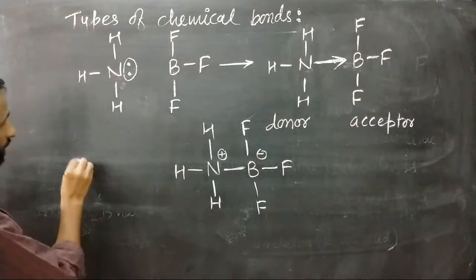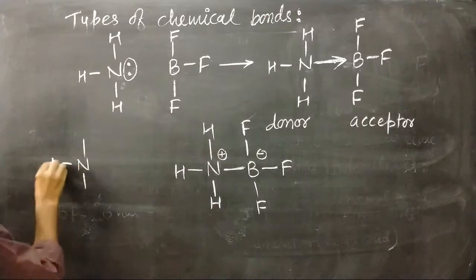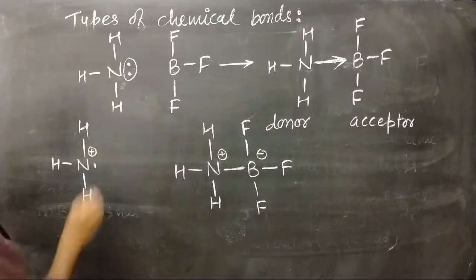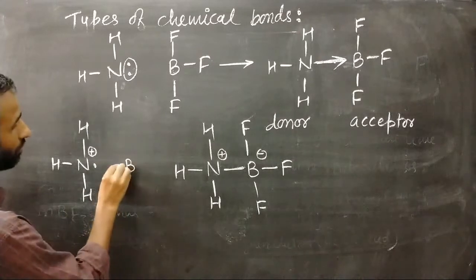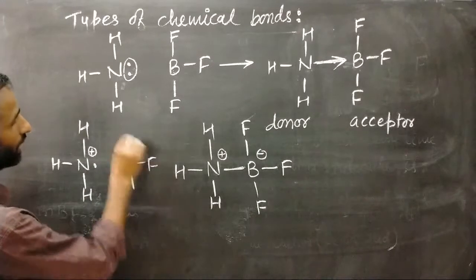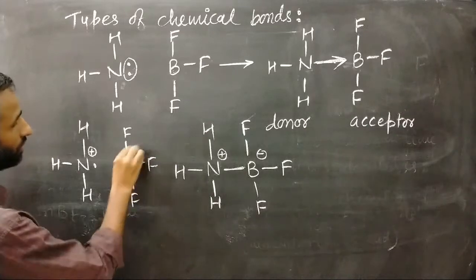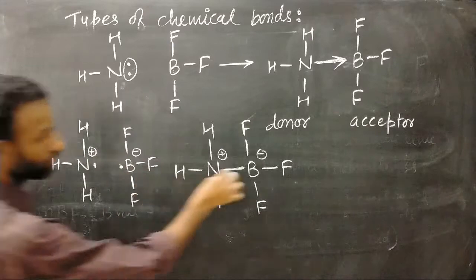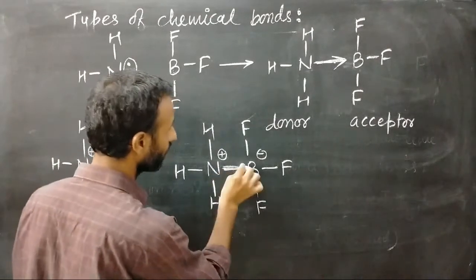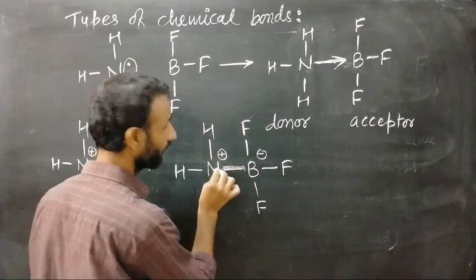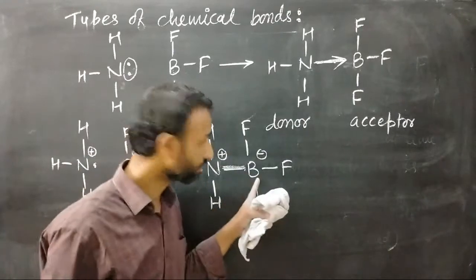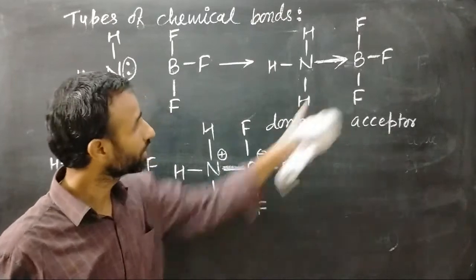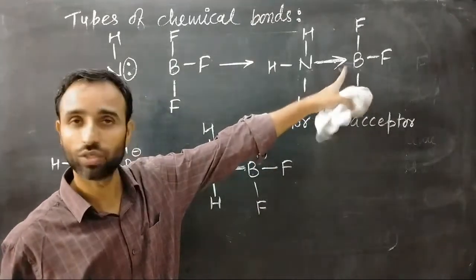See, nitrogen with one electron less gets positive charge. Boron with one electron more gets negative charge because it gained one electron. Now this is sharing. So if we form a simple covalent bond, then the donor gets positive charge and the acceptor gets negative charge. So this is also the symbol which represents this arrow.